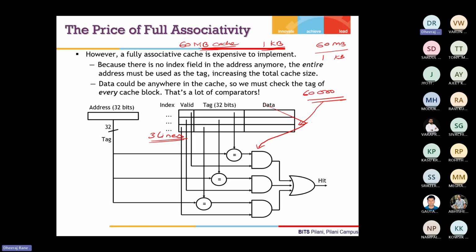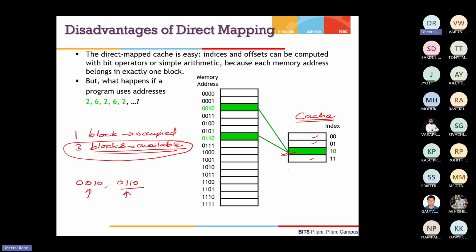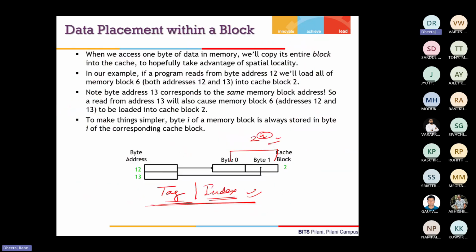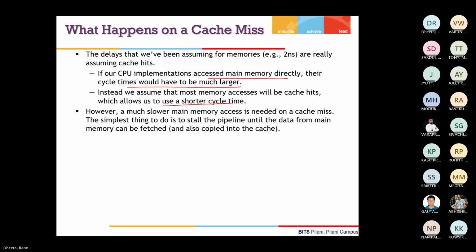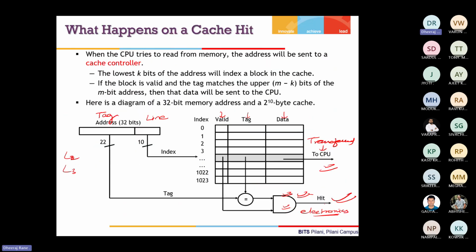So to check that, ultimately we will be needing the 60,000 gates, right? And then only we will be able to predict the hit. See the difference with that of your direct access.